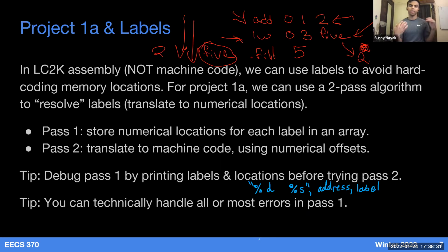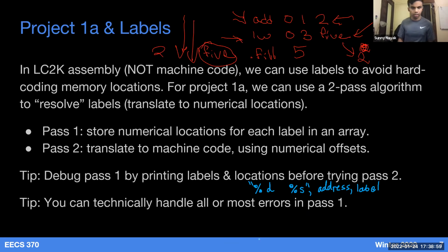Similar to printf that we discussed last time, instead of printing to the standard output, it will print that output directly into the file. So that's the desired output in pass 2: you're going to be printing a singular decimal number for each instruction straight to that file pointer.